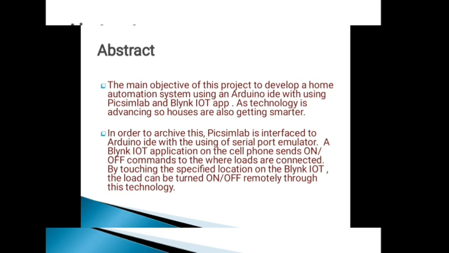With the help of these sensors, we perform on and off simply from some distance. This is one example of IoT. This is the main objective or main purpose of this project.